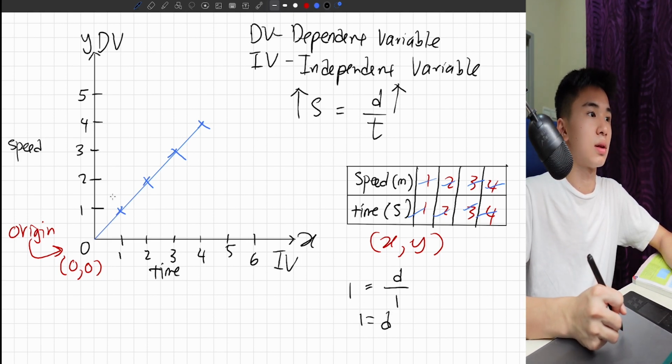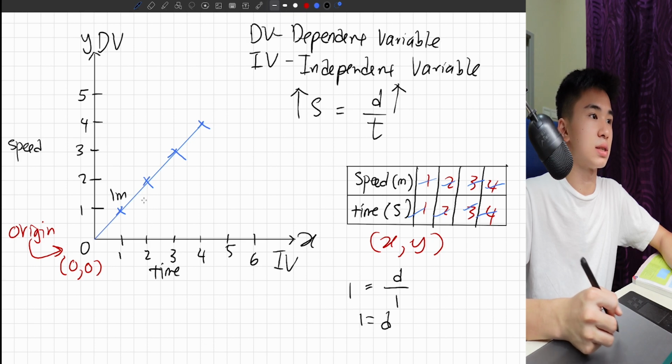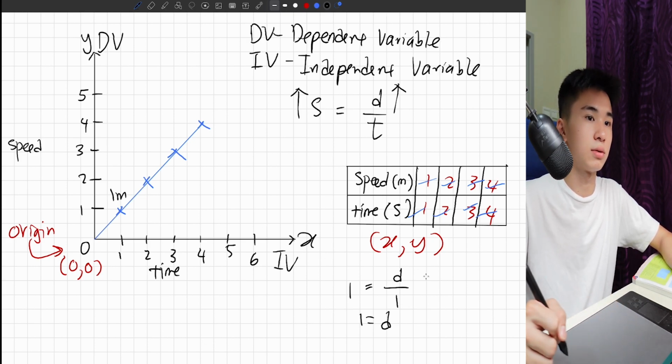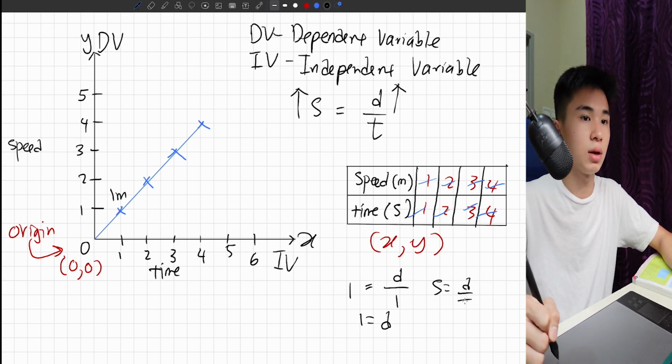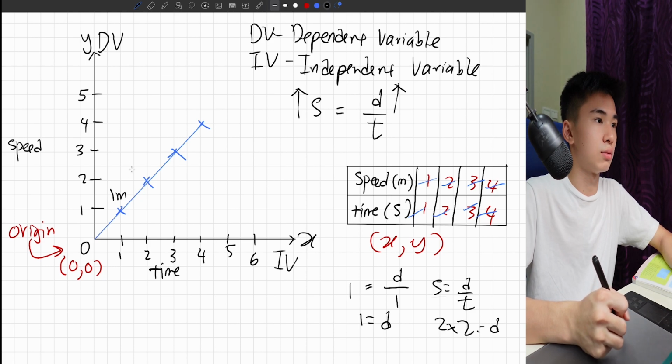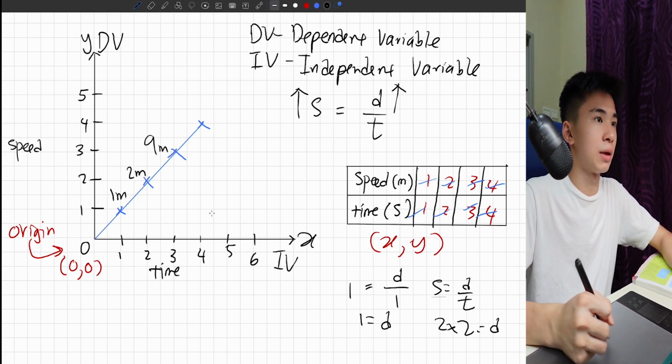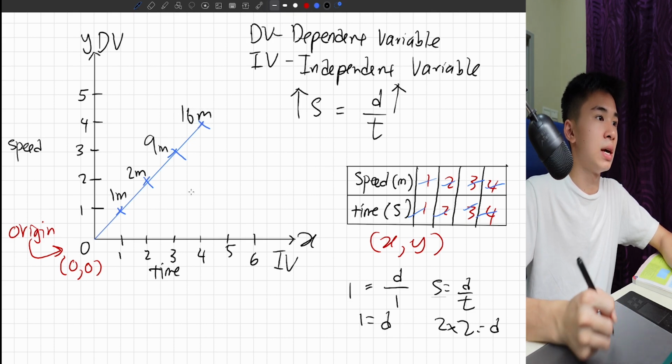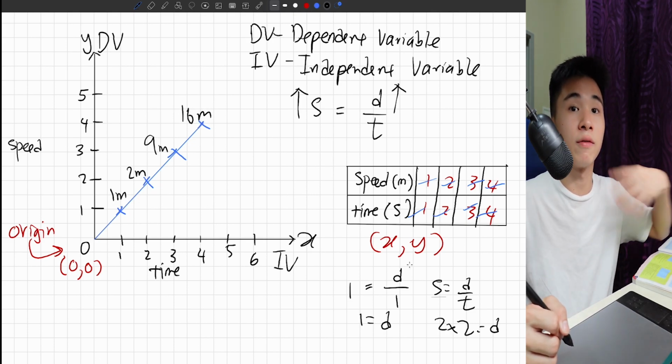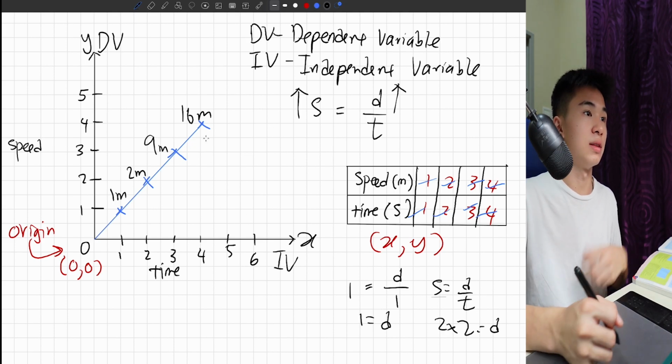This is going to be 1 meter and this is going to be 4 meters. Speed equals distance over time. 2 times 2 is the distance, so this is going to be our 4 meters, this 9 meters, and 4 times 4 is 16 meters. You just have to put it into the formula and you will find the distance.